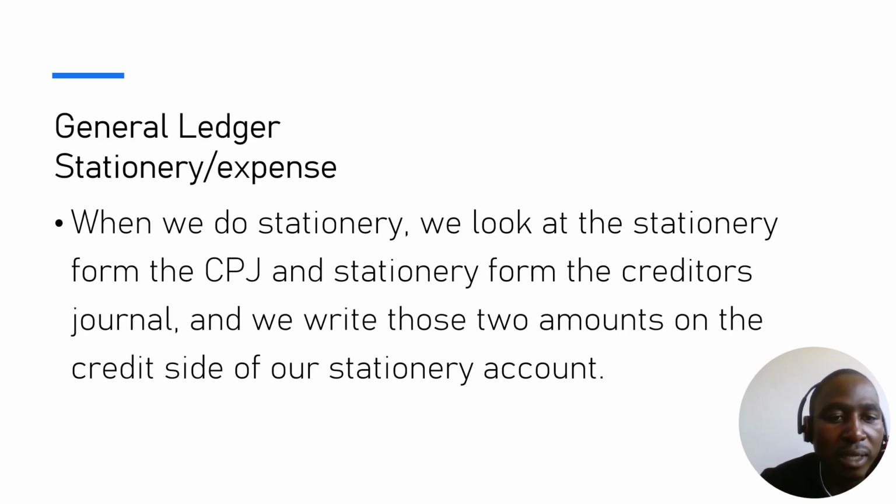When we do stationery, we look at stationery from the CPJ and stationery from the creditors journal, and we write those two amounts on the debit side of our stationery. So we look at the stationery that we have bought on cash, and the stationery that we have purchased on credit, and we write that amount on the debit side, because when we are buying, it means we are increasing our stationery.